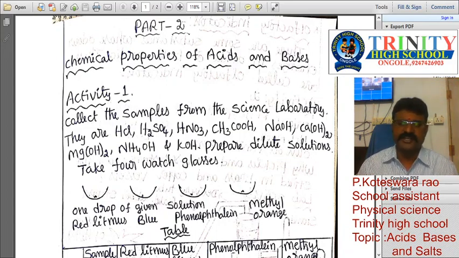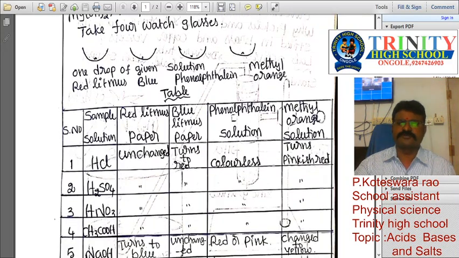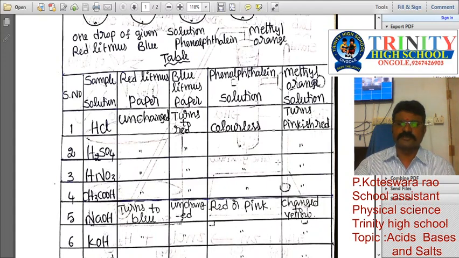What about the next step? Next step is we take 4 watch glasses. We already drew the watch glass on paper. We take 4 watch glasses, and also we collect different types of indicators.